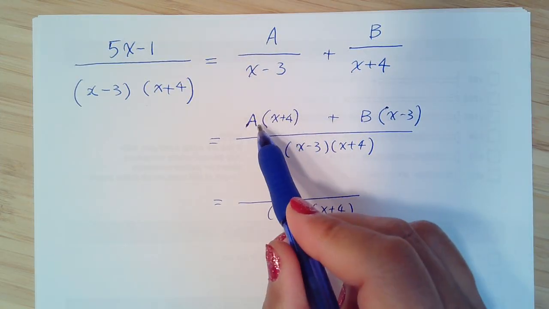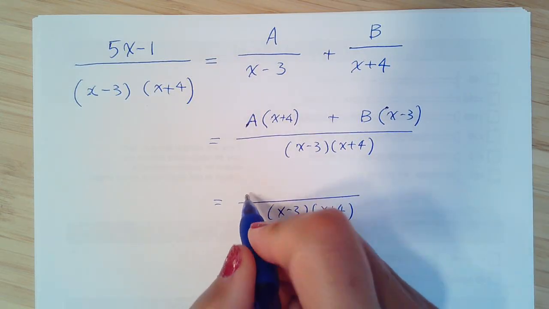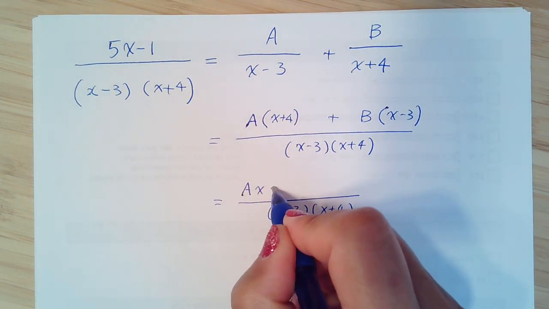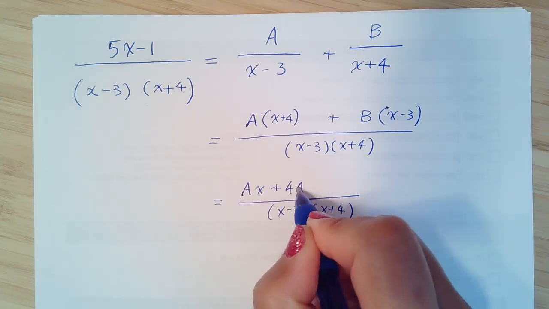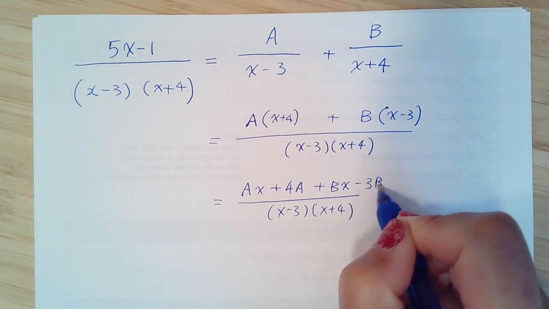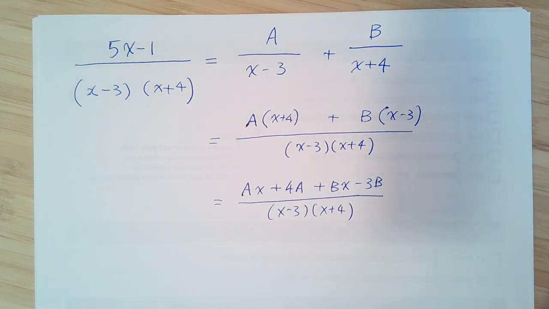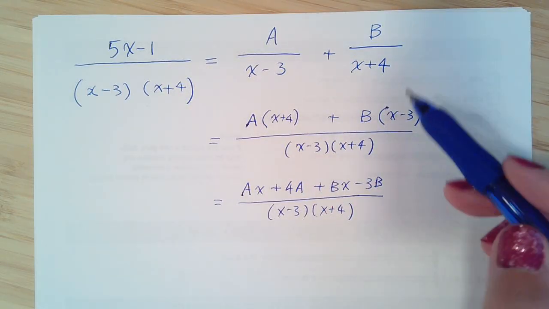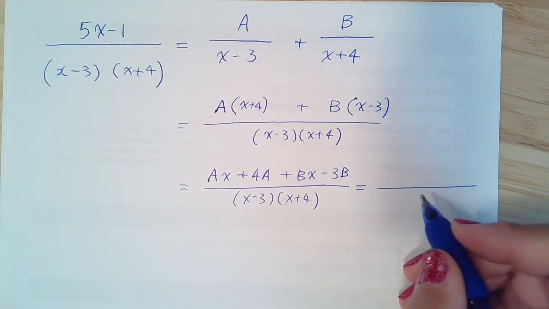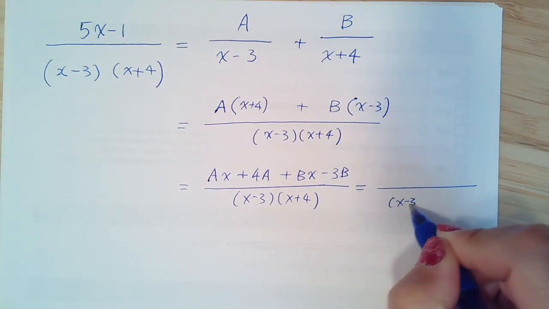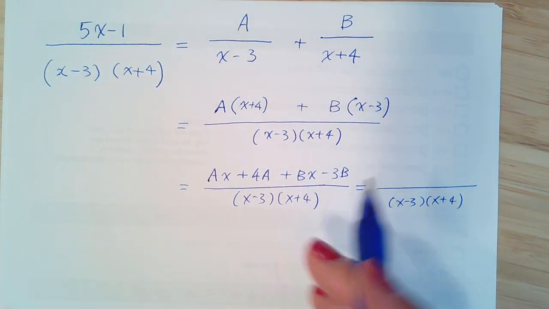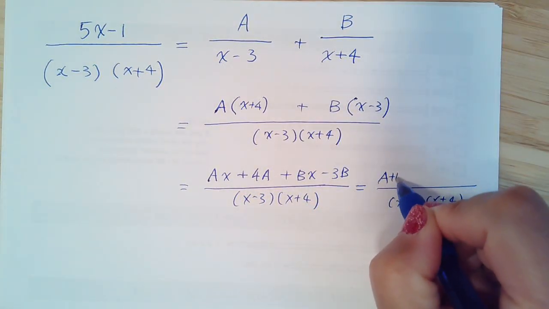And here it's going to be Ax plus... I write Ax. Oh, okay, let me do that step by step. Ax plus 4A plus Bx minus 3B. What I'm doing is getting rid of the parentheses by distributing A and B. My next step is to combine the x terms, so I have A plus B times x.